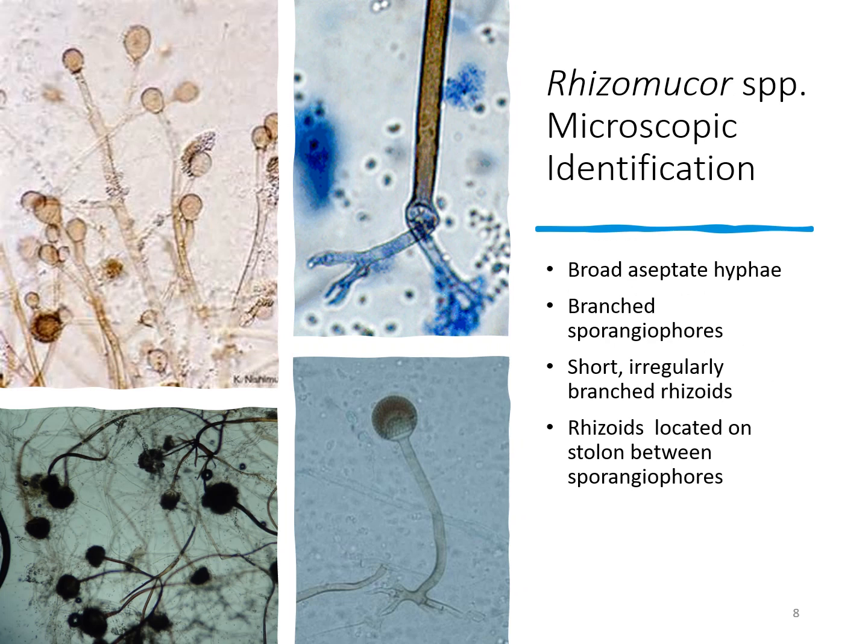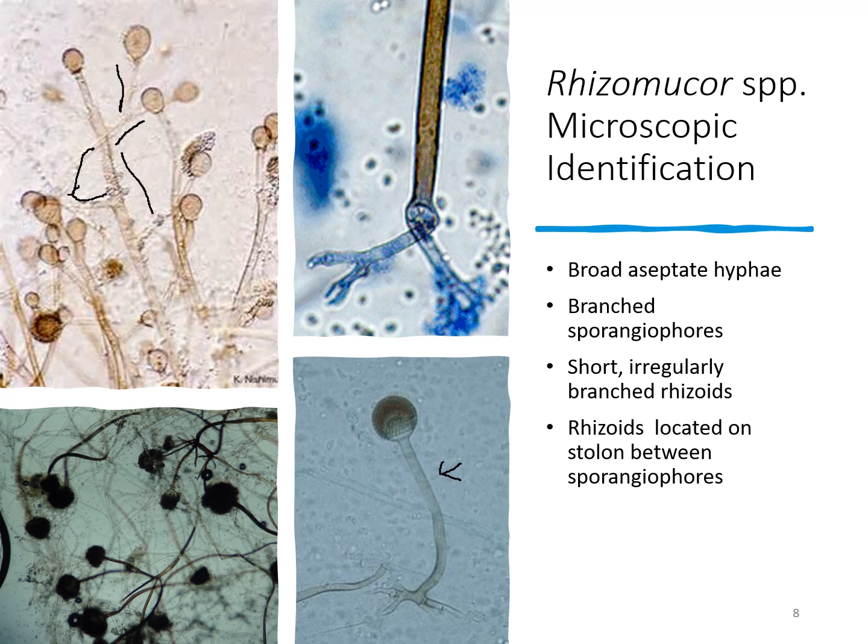The Rhizomucor also are very broad and aseptate in their hyphae, so no divisions. The sporangiophores are branched. You can see up here in the top corner how you have the very long sporangiophores, but then you also have some short ones coming off of it. So this one here is very long, but then it has some little branches coming off, and the branches themselves are shorter.